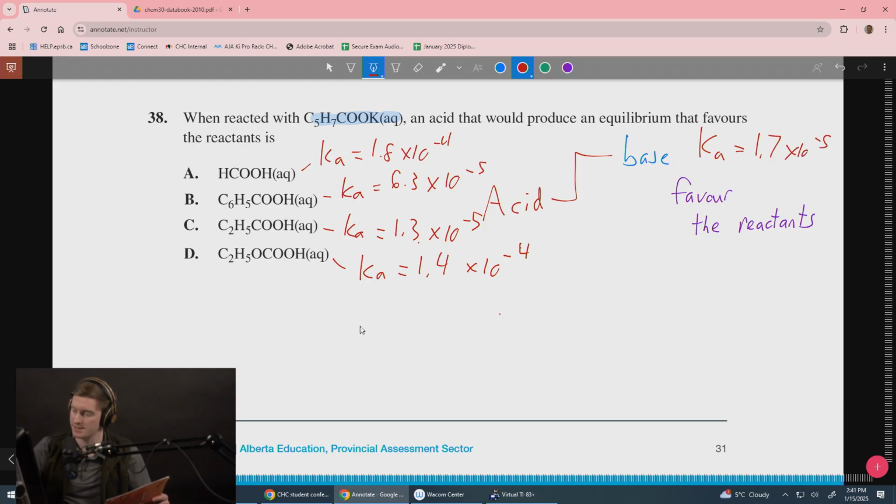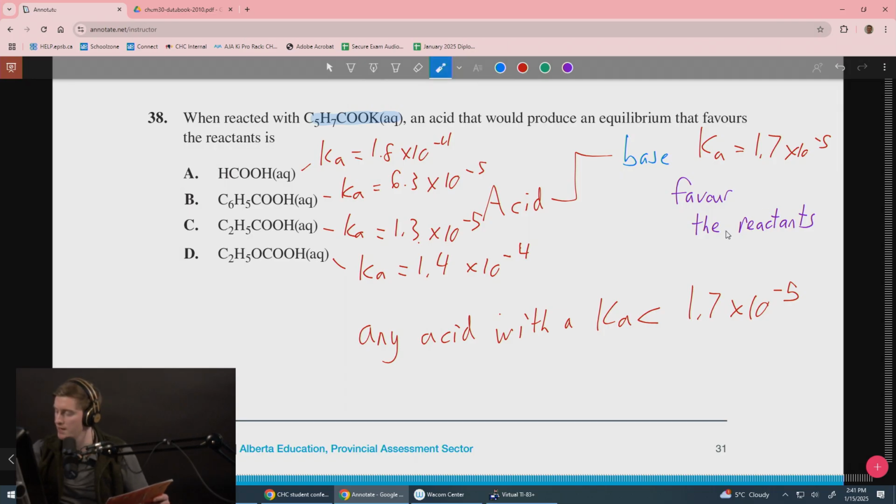So any acid with a Ka less than 1.7 times 10 to the negative 5 will favor the reactants here, because it will be, in a sense, a weaker acid than the conjugate acid there.